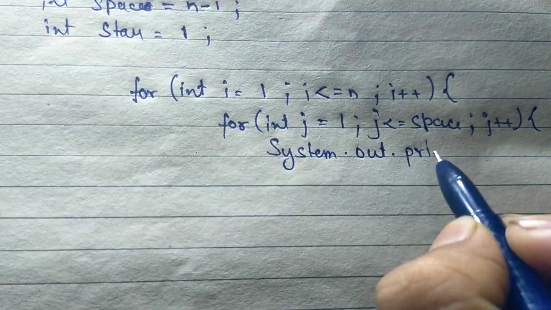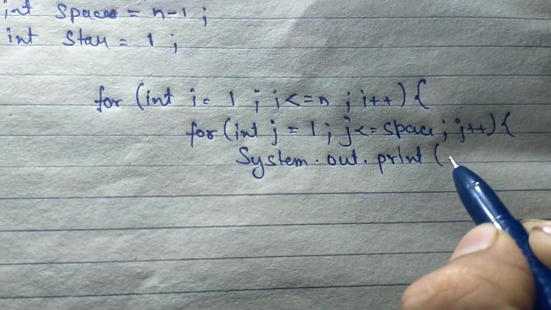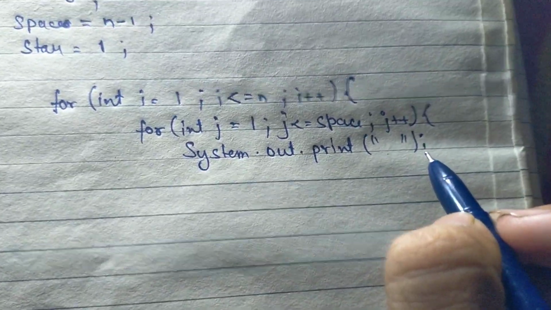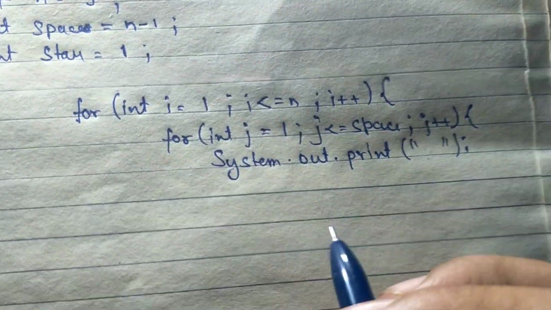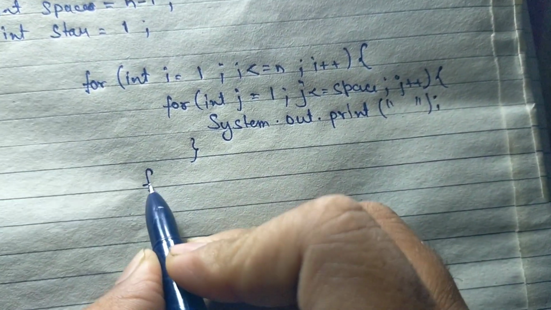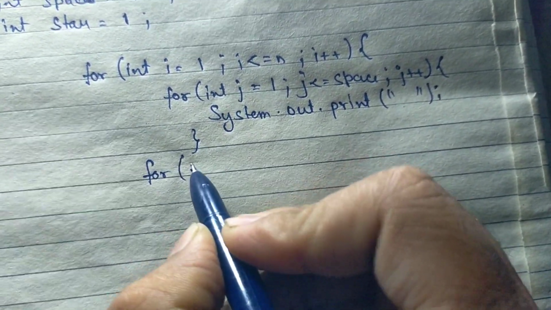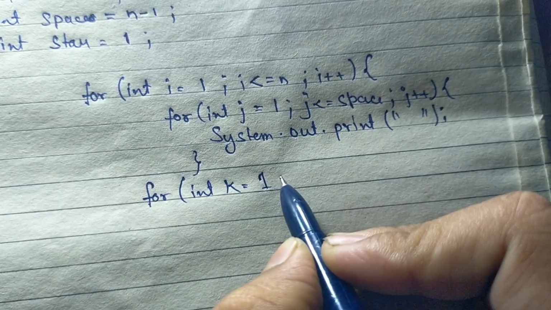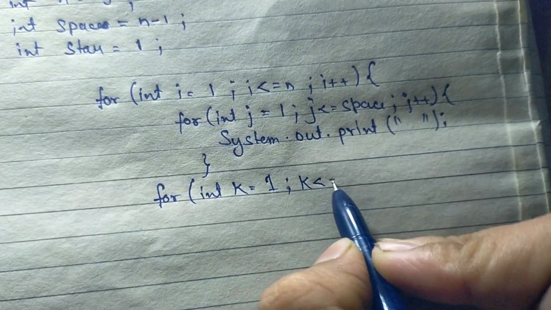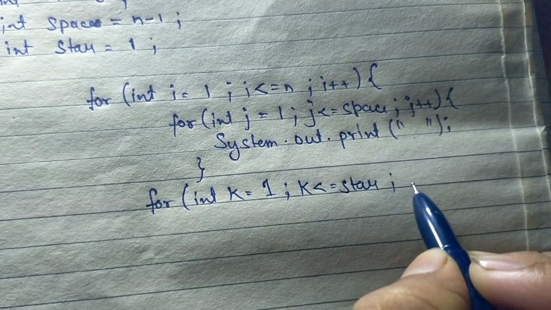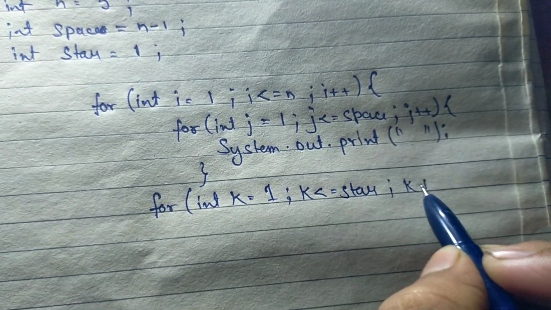System.out.print, it is our space. After that we close that loop. After that we start printing our stars: int k equals 1, k less than or equal to star, k plus plus.